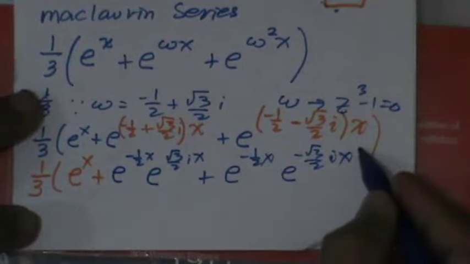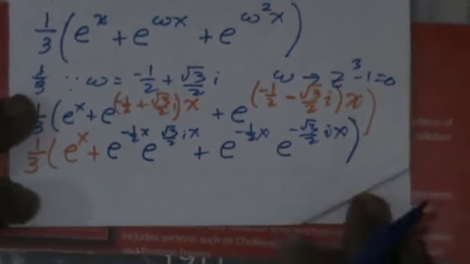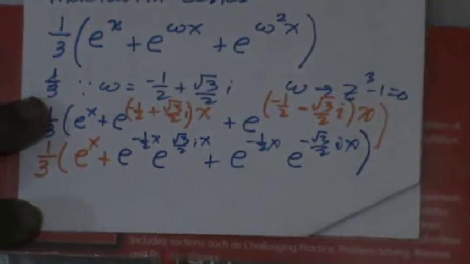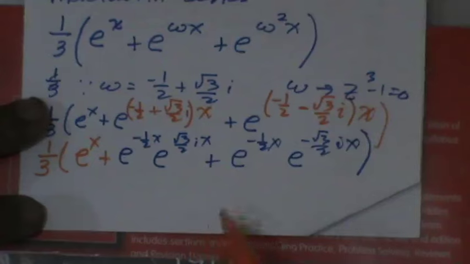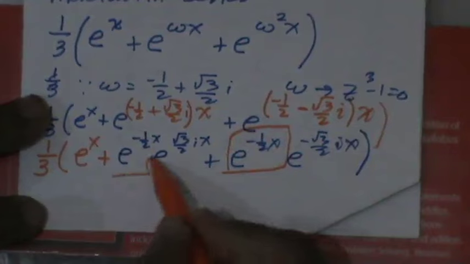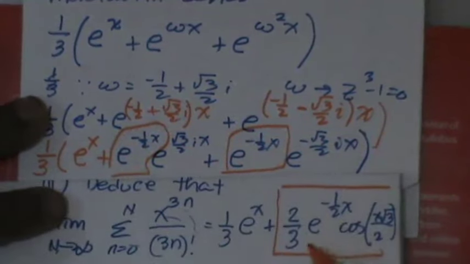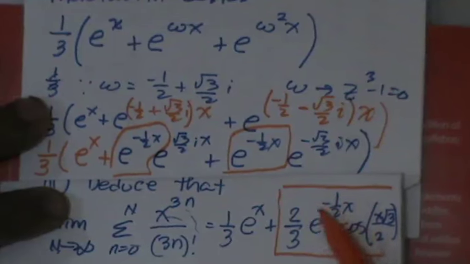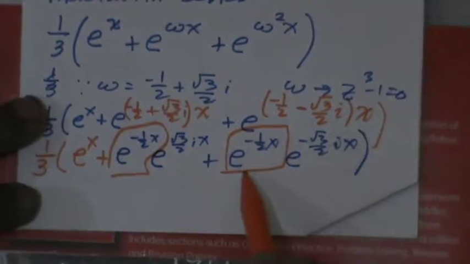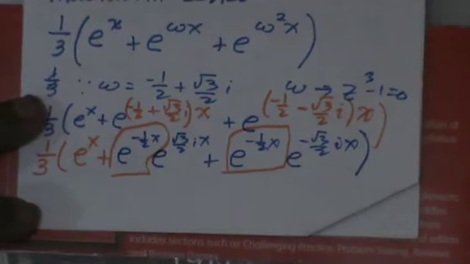I want you to look at that. It's almost there. As you can see, this portion is common to the two of them. And look at our question. This is common. So what shall we do? We need to factor out this part here.